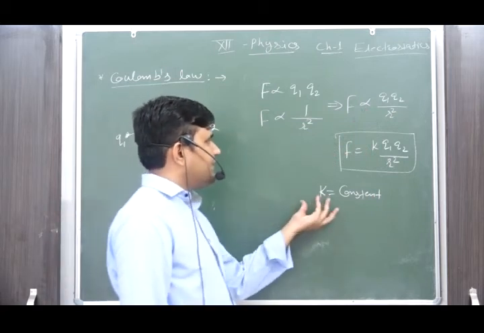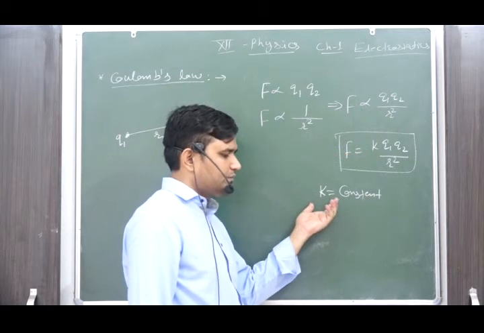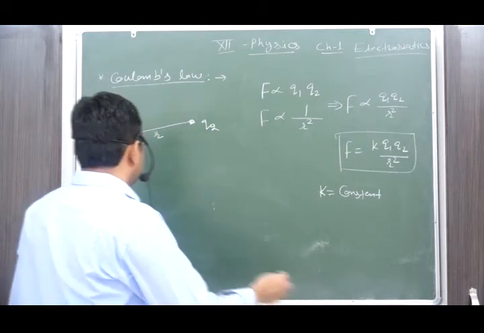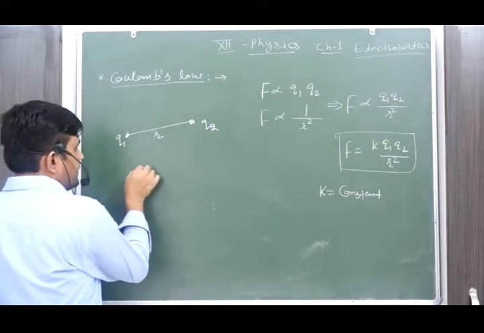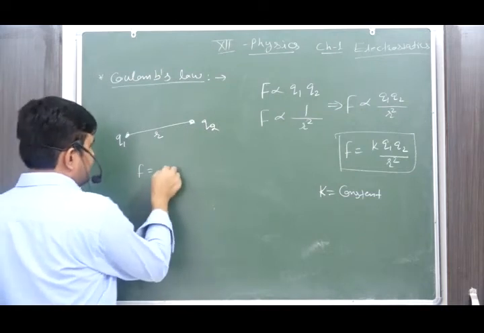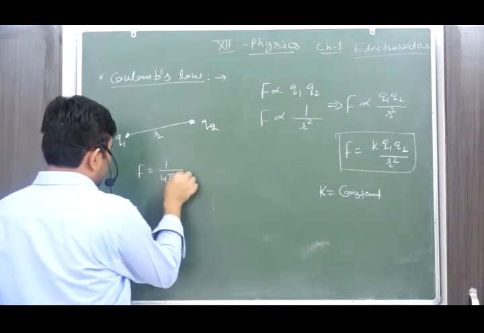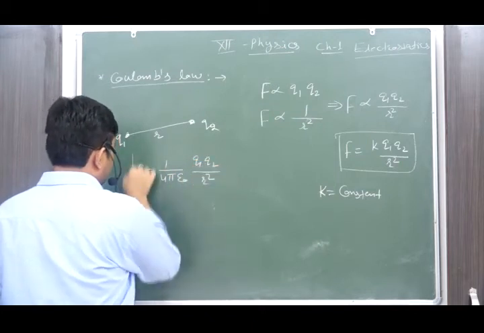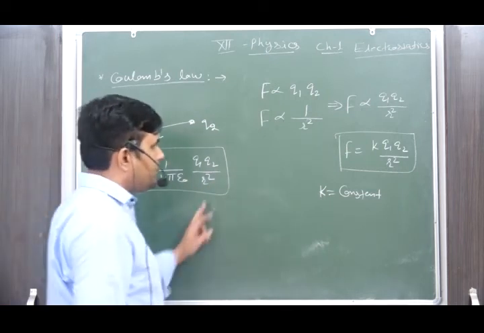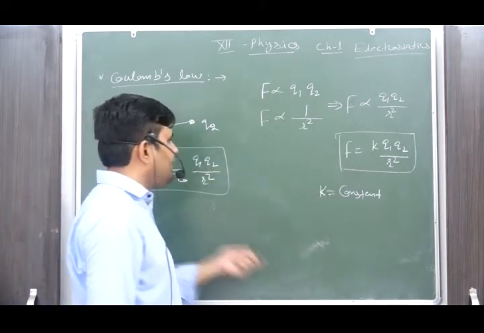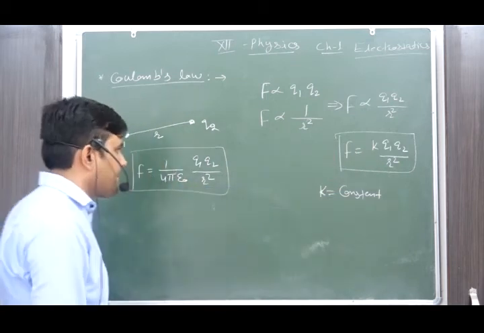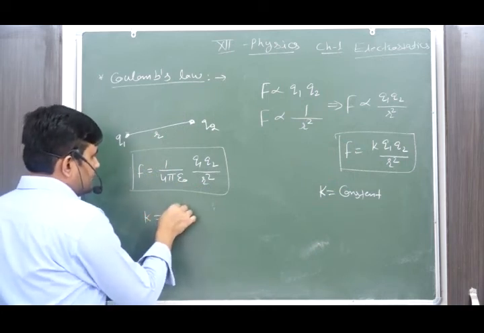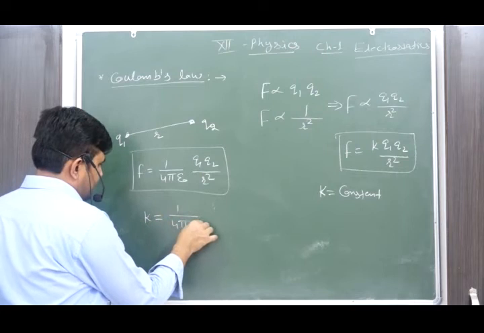Now we consider the formulation. What is the value of K? Here the formulation is F equal to 1 upon 4 pi epsilon naught, Q1 Q2 upon R square. If we compare both the formulations, we get the value of the constant K. The constant K is equal to 1 upon 4 pi epsilon naught.